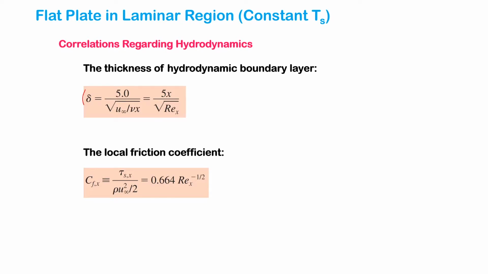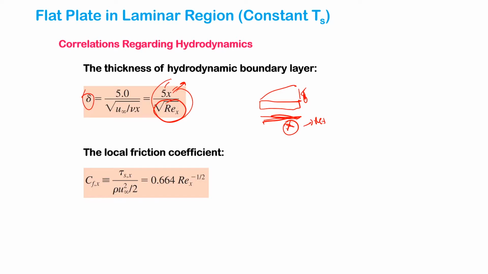The thickness of the boundary layer is equal to 5 times x over the square root of the Reynolds number. So if we have a flat plate and this distance is x, and you want to calculate the thickness delta here, we need to write down the x value, calculate the Reynolds number for this x distance, and take the square root of that, and that's going to give us the thickness of the boundary layer.